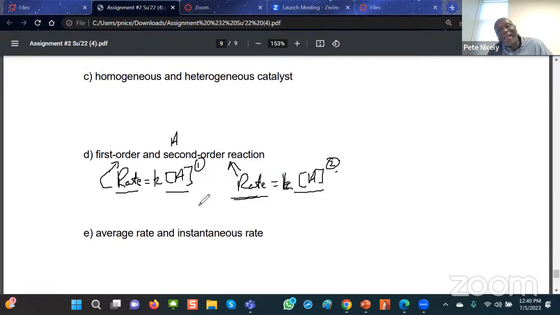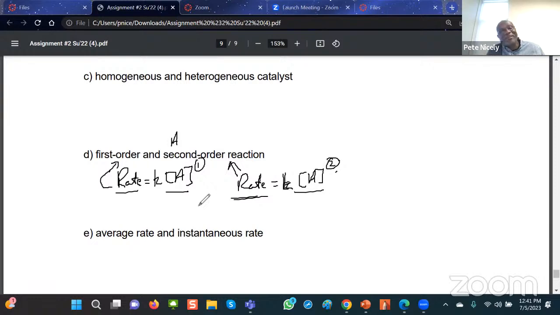The rate of a first order reaction is directly proportional to the concentration of A, while in a second order reaction, the rate is directly proportional to the concentration of the reactant A squared. So that's basically how I would answer that question.